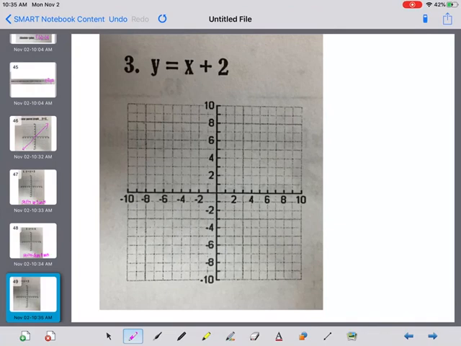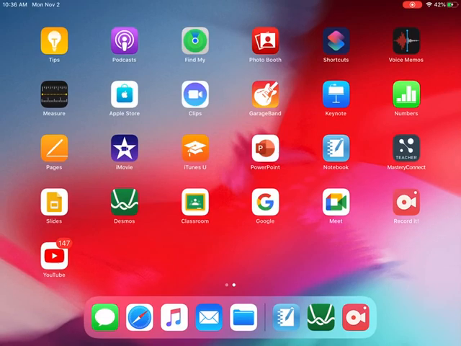If it's plus 2, I'm going to start at 0 and go up 2. If you add 2, you're shifting up 2, and if you're subtracting, you're shifting down. Let's go to Desmos and make sure we're right.